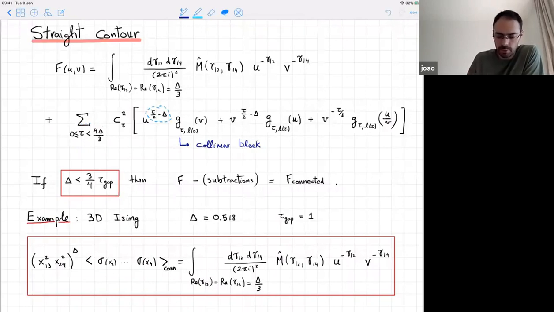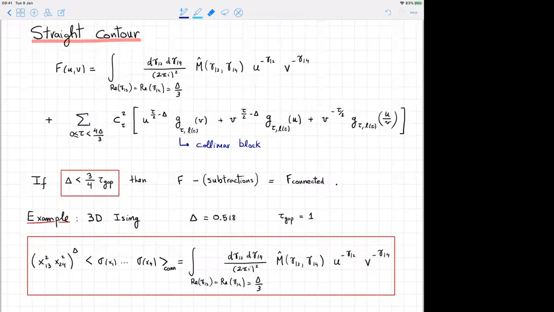And since you want to be at the crossing symmetric point, which is delta over 3, you need the singularity to be softer than delta over 3, and that's how you get the 4 delta over 3. It's just comparison with the value at the crossing symmetric point. I don't have a better answer to give you. Okay, yeah, thanks.